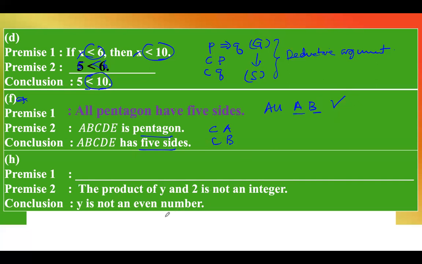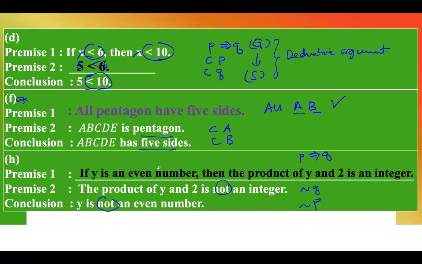The next one, if the product of Y is not, is it not right? So this is not Q, not P. So the answer is P. If P, then Q. What is P? If Y is an even number, then the product of Y in 2 is an integer. We throw the not away here because the not already repeats itself.